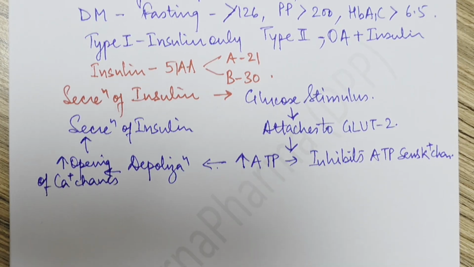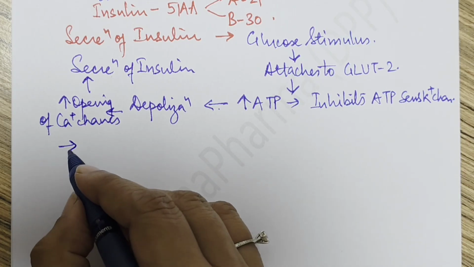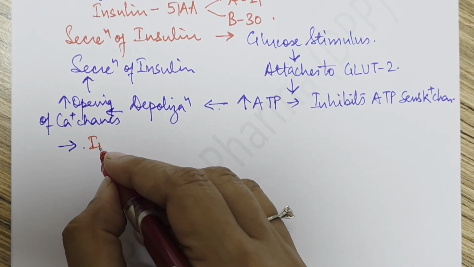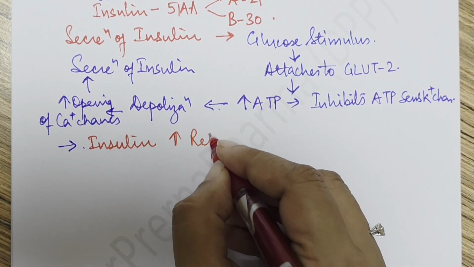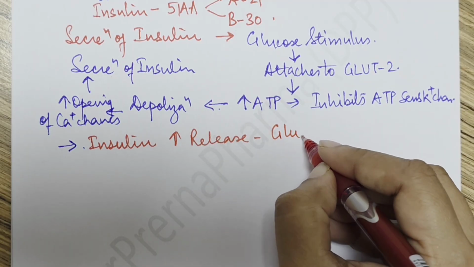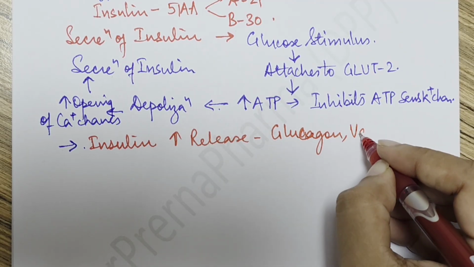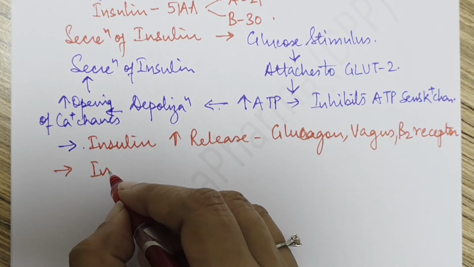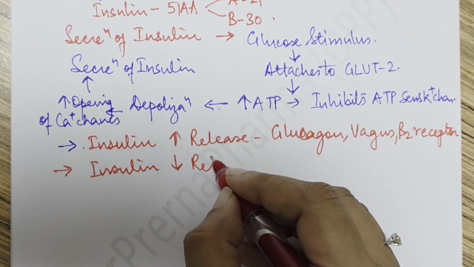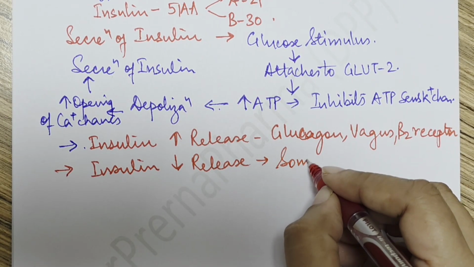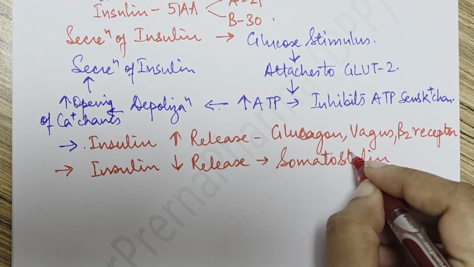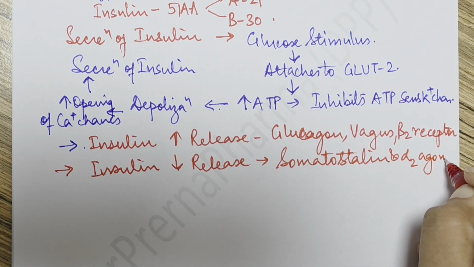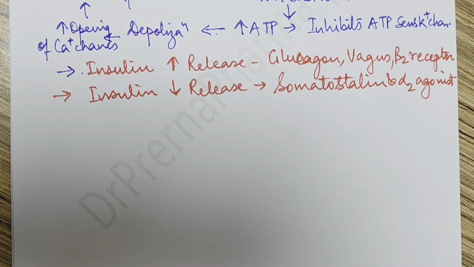Regarding regulation, increased insulin release is controlled by glucagon, vagus, and beta-2 adrenergic receptors, while decreased insulin release is mediated by somatostatin and alpha-2 agonists.